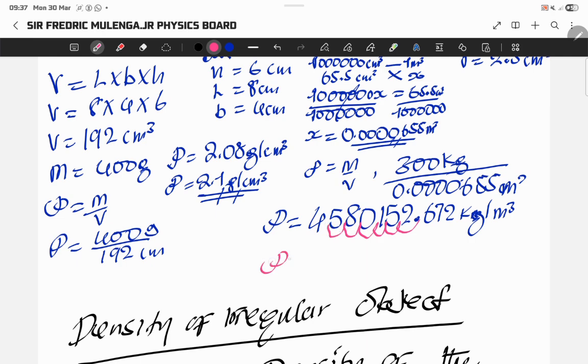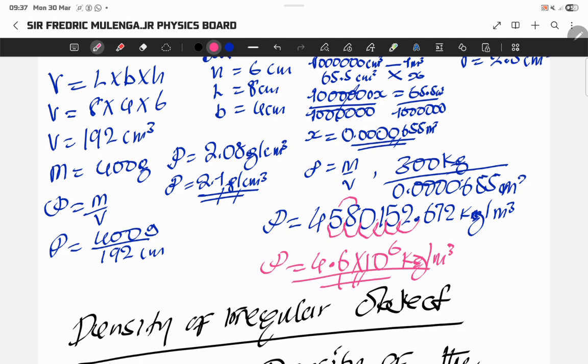So our density will be 4.6 times 10 to the power 6 kg per meter cubed, rounded off. Just like that, that's the correct answer.